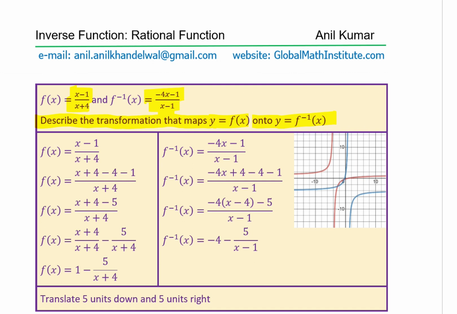So that is what we are going to consider. Now, to do this mapping, there are different ways you could do it. You can check the transformation of each function with the parent function y equals 1 over x. You could do that. And once you compare, you can actually go from the function to the inverse function also. So how do we write the transformation with y equals 1 over x for a rational function?